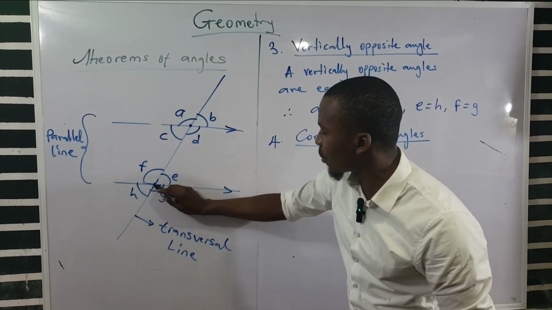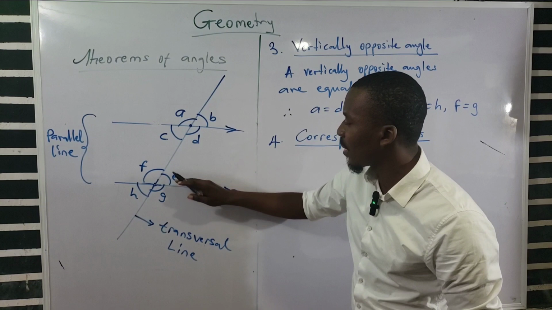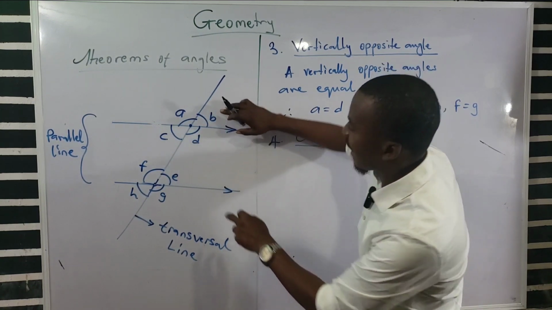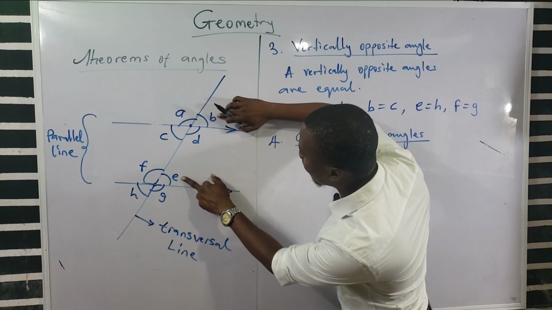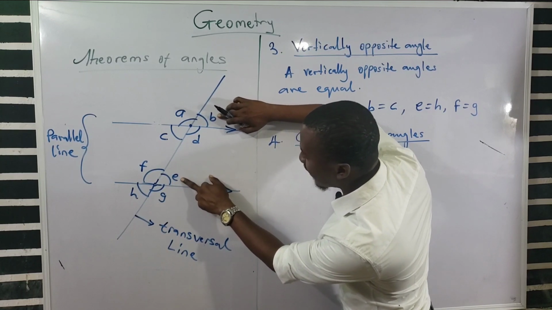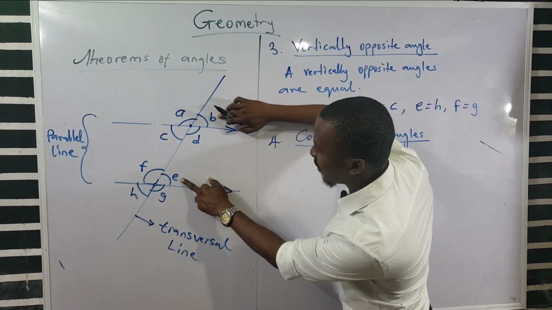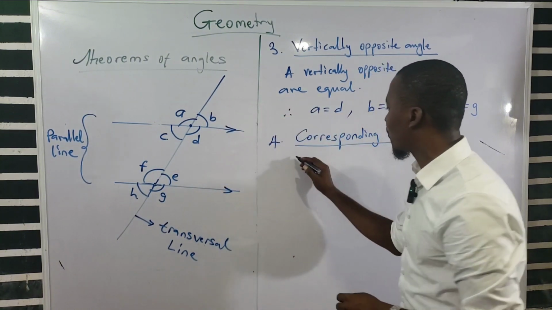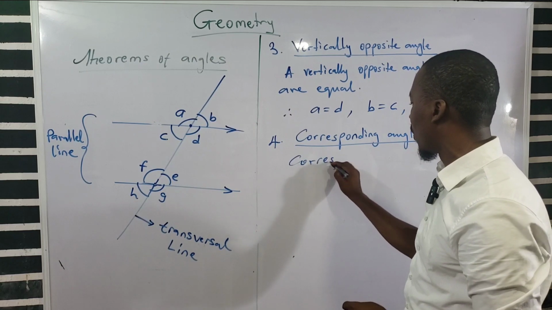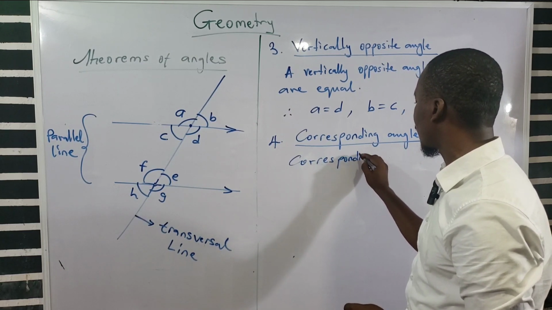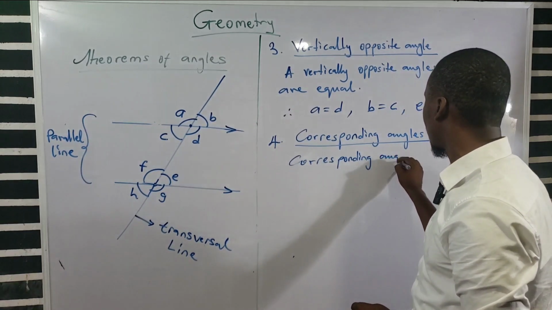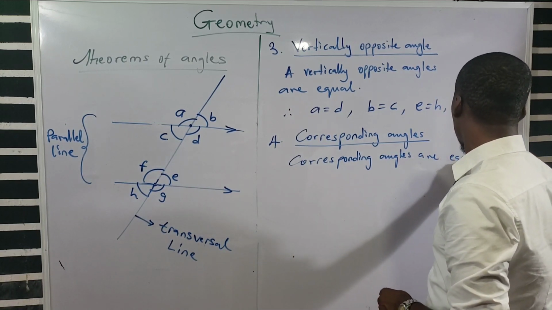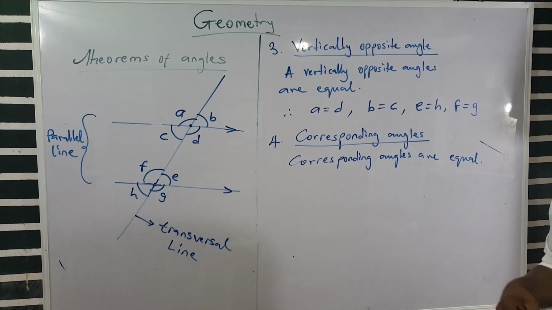So if you come to this point also, you notice that E is also at the right hand side and also facing up, just like B. So if you look at B and E, they look alike in their respective points. Therefore, we say that they are corresponding. So we say that corresponding angles are equal.